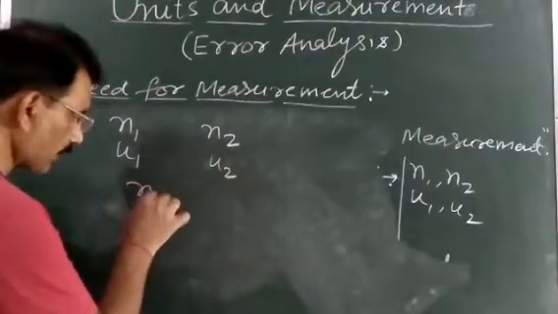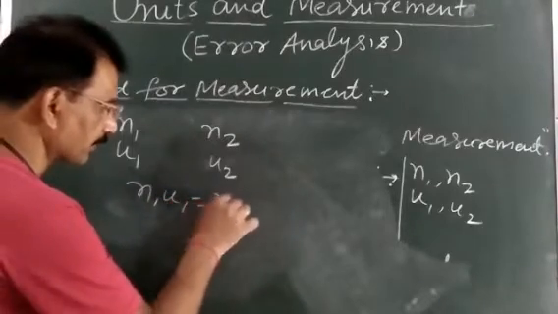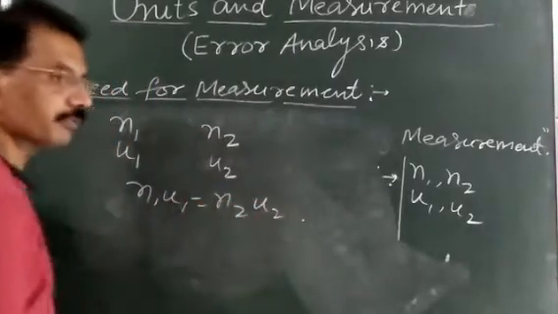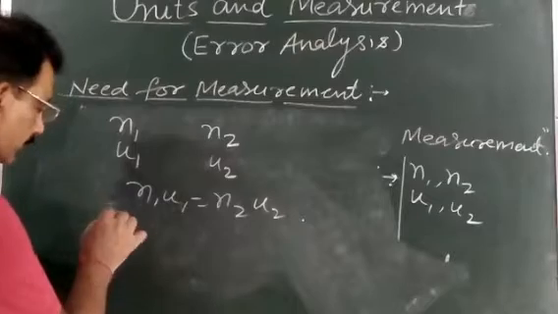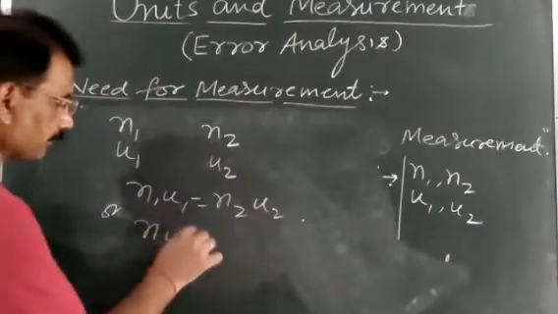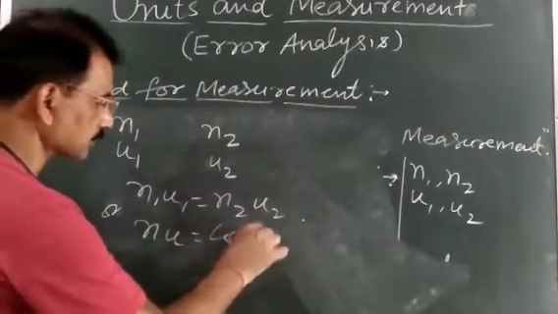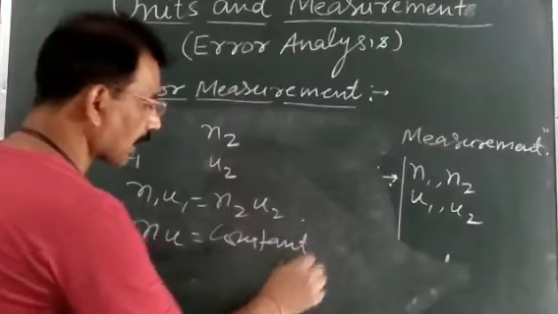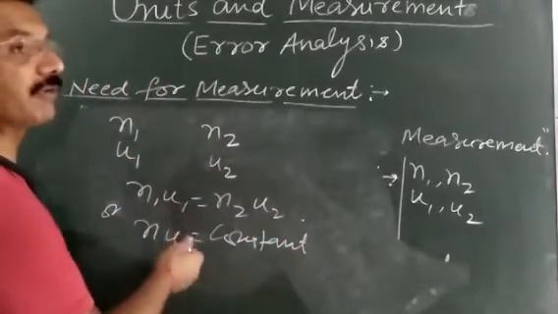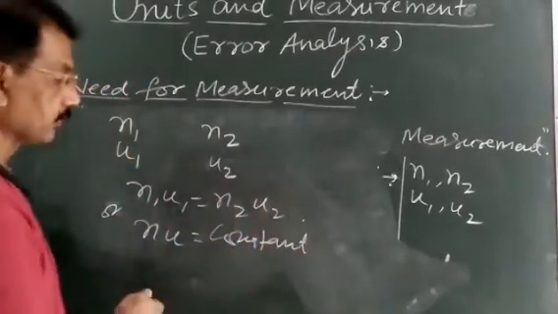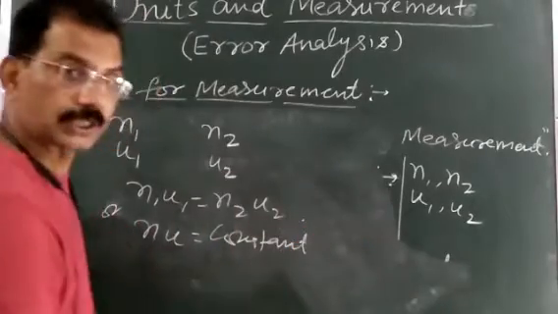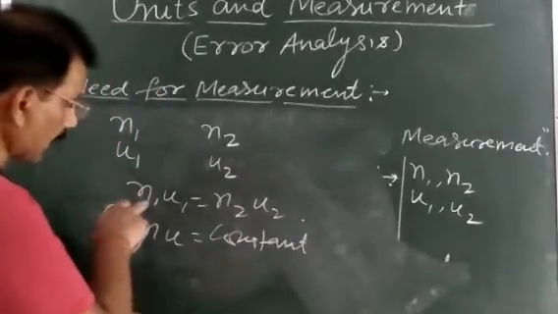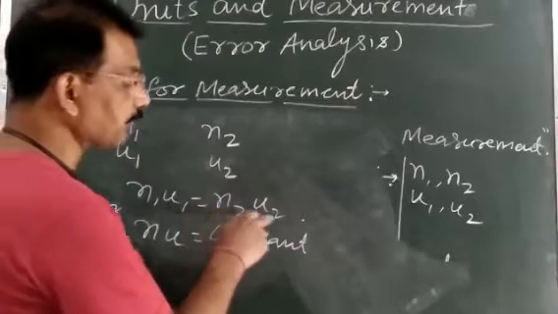Then n1 u1 is equal to n2 u2. Or we can say n into u is equal to constant. All of you know P1 V1 is equal to P2 V2, so you can say PV is equal to constant. In the same way, n1 u1 is equal to n2 u2.